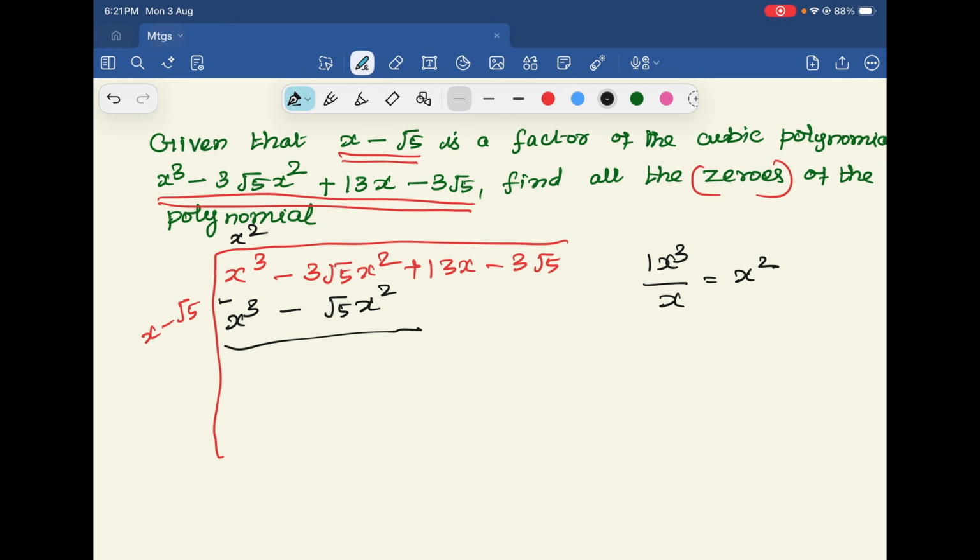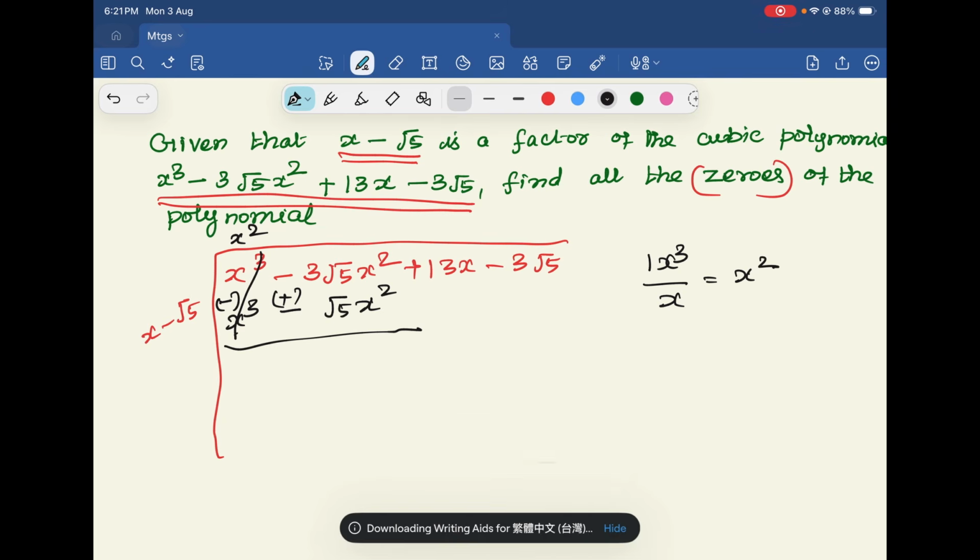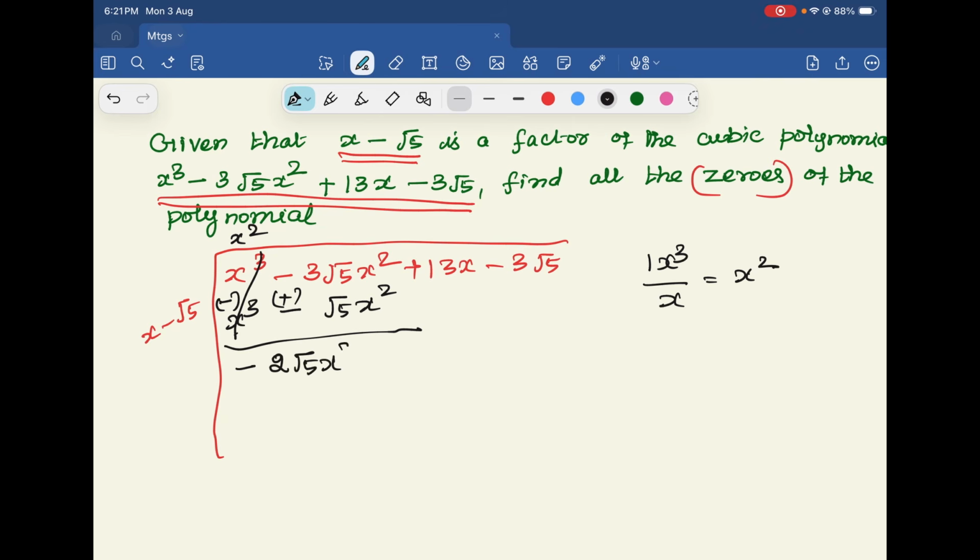Next we have to change the sign. So x cube cancelled. Here minus 3 root 5 and minus root 5 gives minus 2 root 5 x square. And next you have to drop 13x.